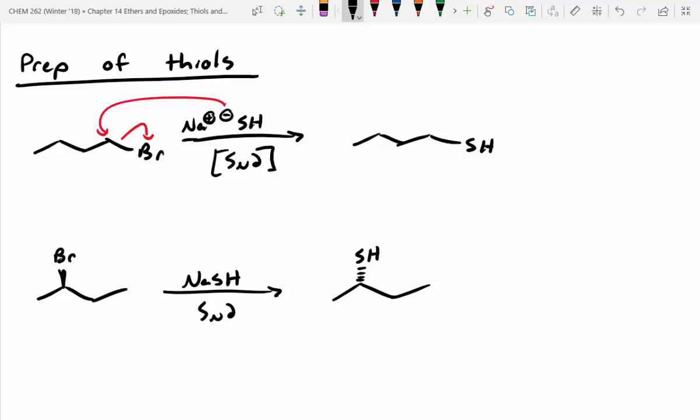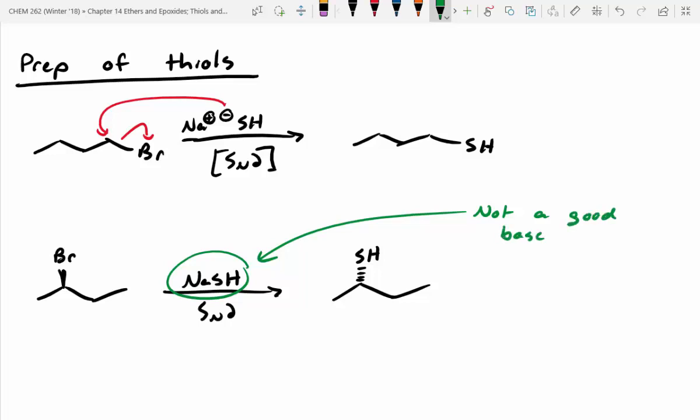Last term we saw a lot of SN2, E2 combos, right? With secondary carbons. Why don't we have E2 here? Yeah, it's sulfur. Sulfur's not a good base. That's really what it boils down to. This is not a good base, which means E2 doesn't occur.